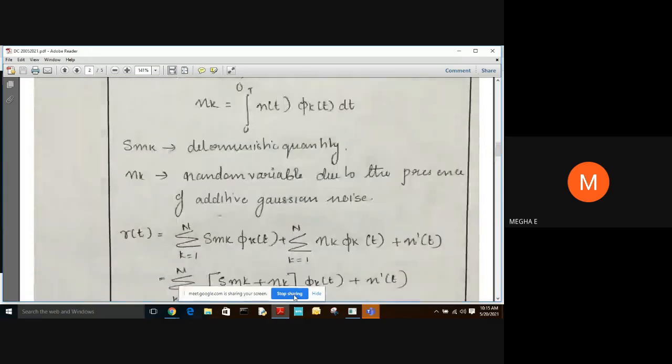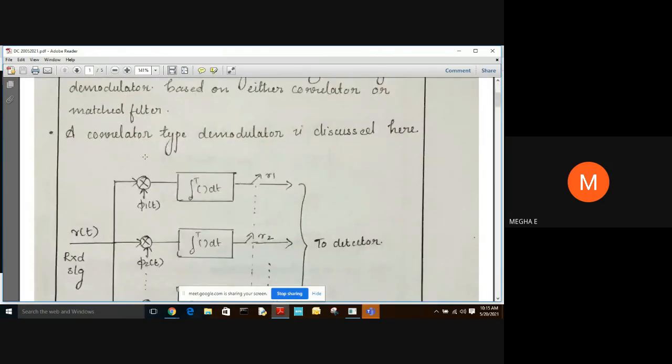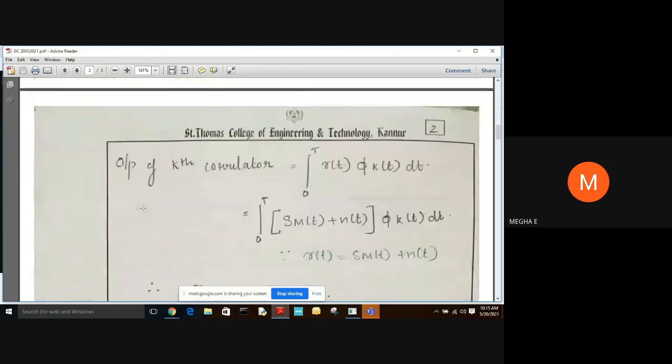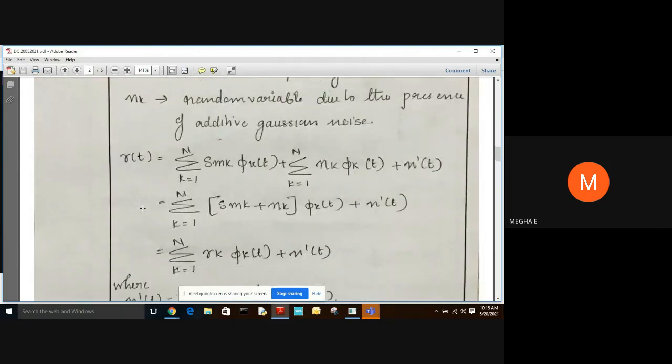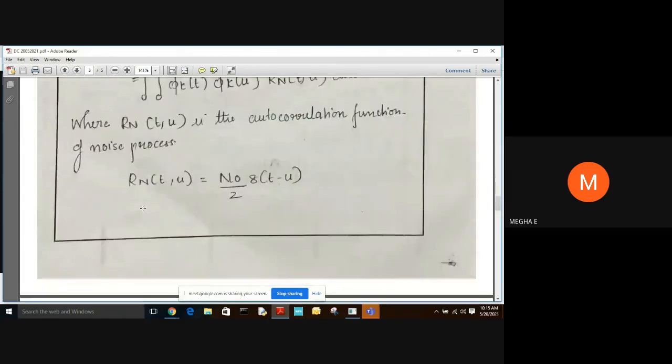So this is the conversion of the continuous additive white Gaussian channel into a vector channel. We have received a signal and are passing it through the signal demodulator, which is the correlator, that is a product modulator followed by an integrator. On passing through this, we get the vector R. So we found the equation for this. We found the equation of the kth correlator output RK, its expectation, its noise component expectation, and variance.